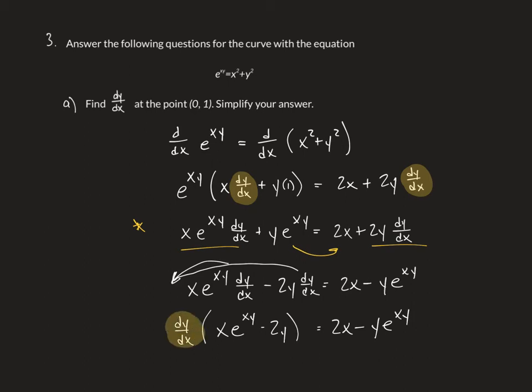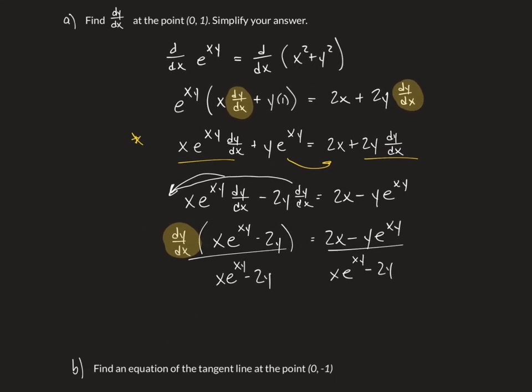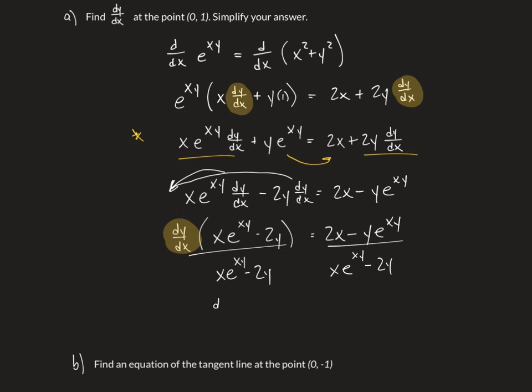I'm just going to divide by x e to the xy minus 2y on both sides. And there is a part b. So I found that dy dx is equal to 2x minus y e to the xy divided by x e to the xy minus 2y.